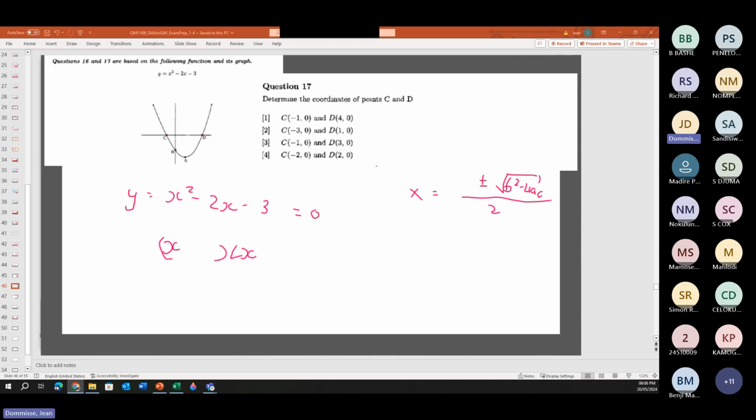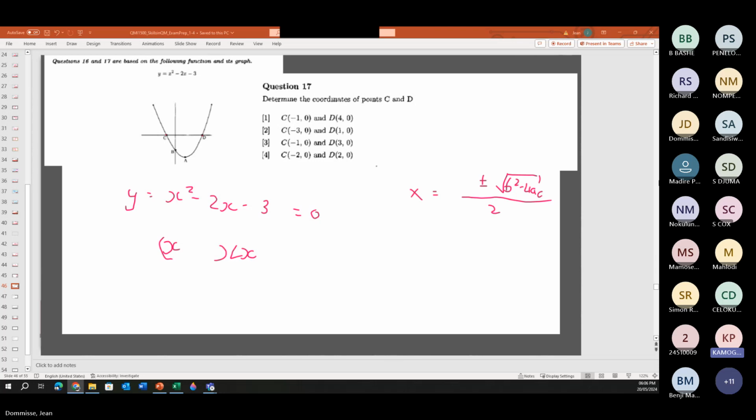So let's quickly see if we can just quickly Google. Yes, I think the one that you're looking for is the quadratic formula.